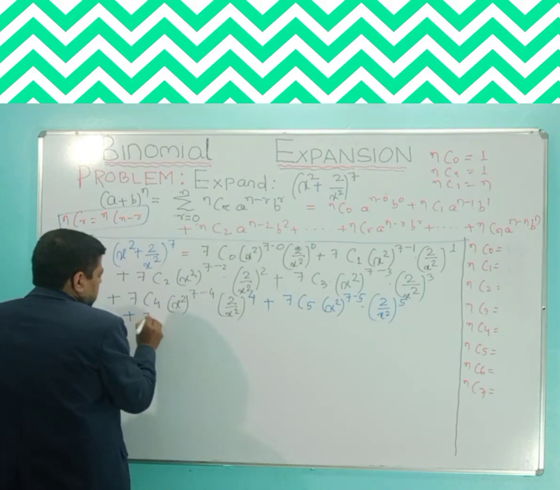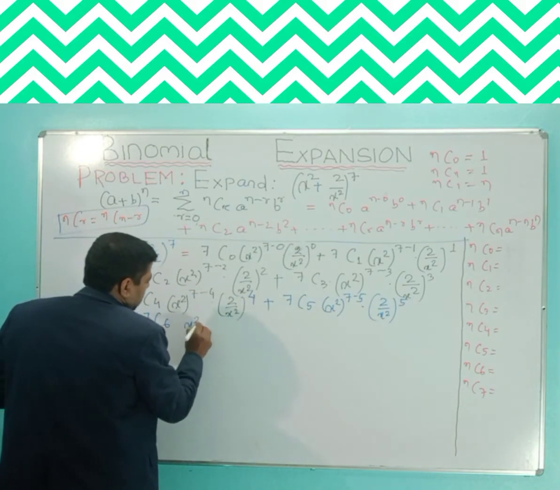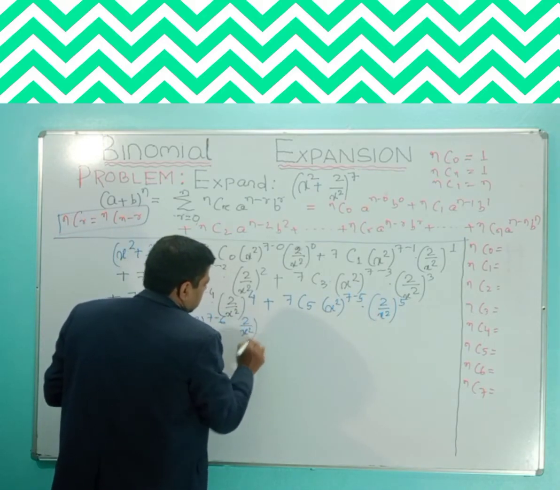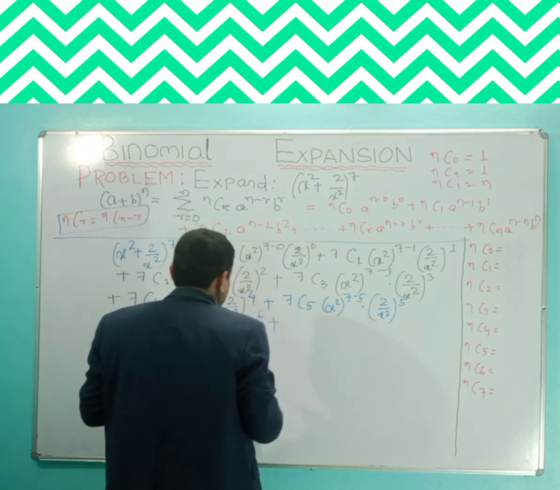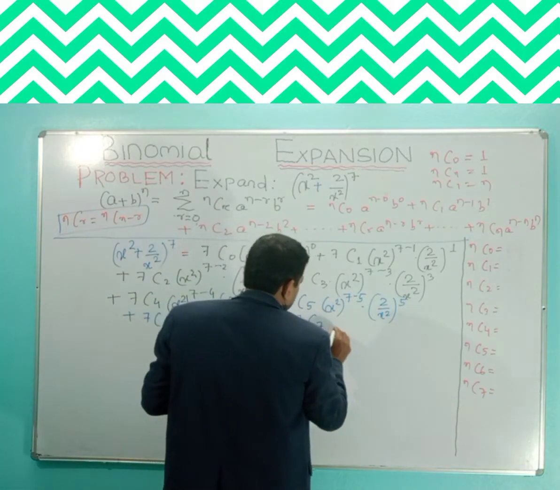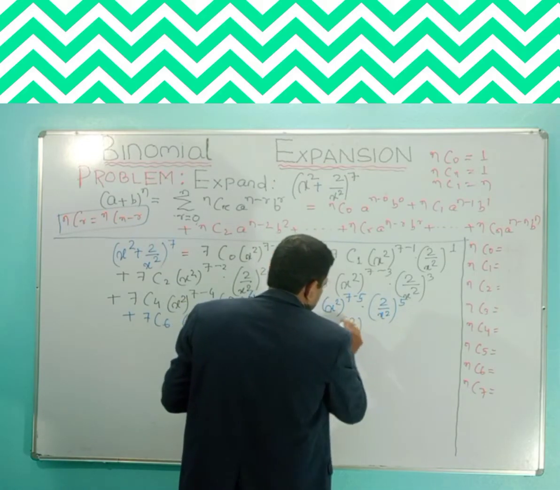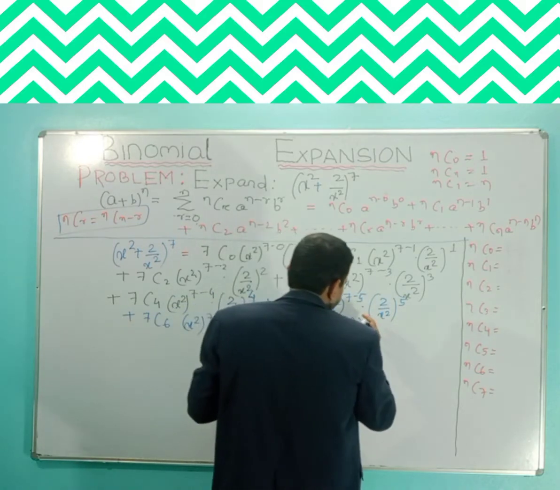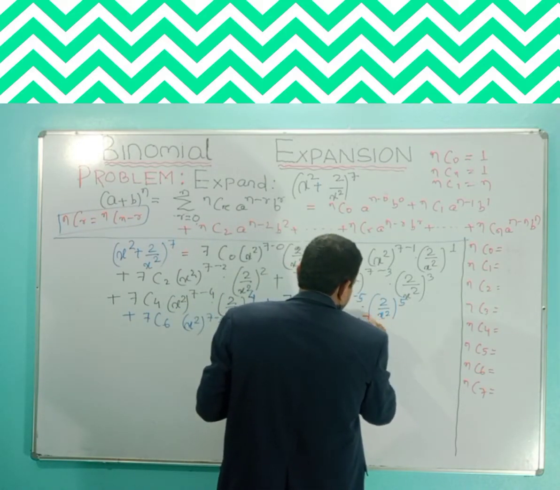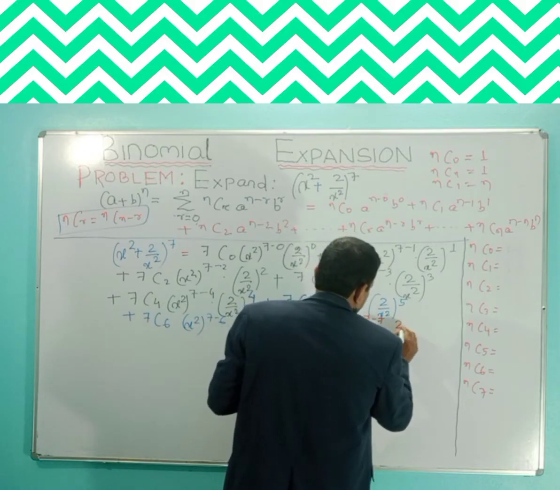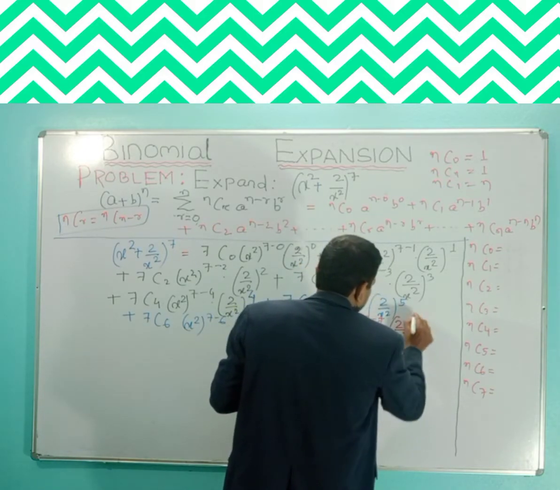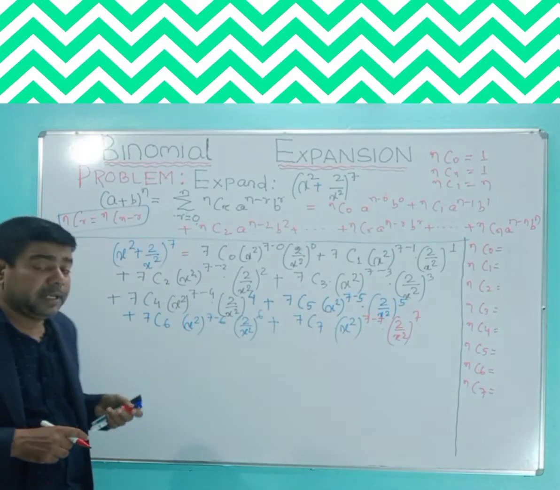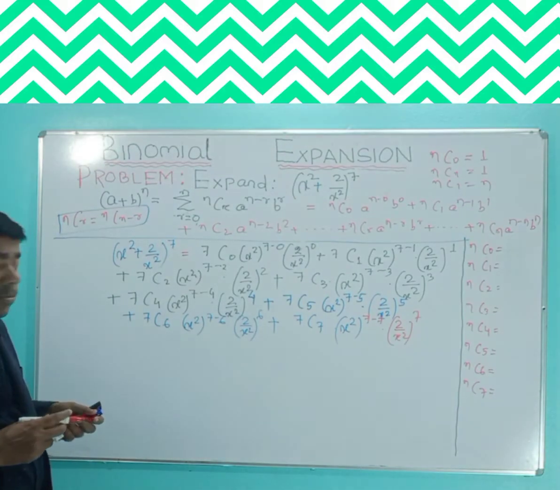And plus 7C6 a to the power 7 minus 6 into (2 upon x square) whole to the power 6, plus 7C7 a to the power 7 minus 7 into (2 upon x square) whole to the power 7. And this is the expansion of the binomial theorem, which contains 8 terms. The number of terms is 8 because the power is 7.